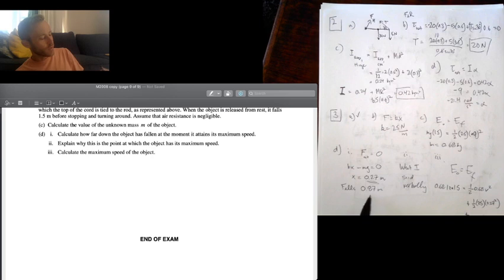The remainder of the 1.5 meters is gravitational potential energy, so 1.5 minus this is 0.63.